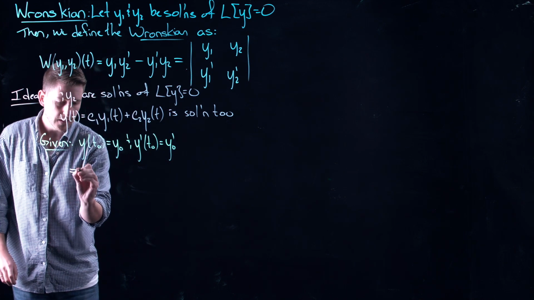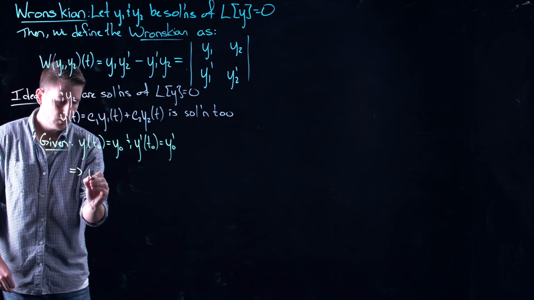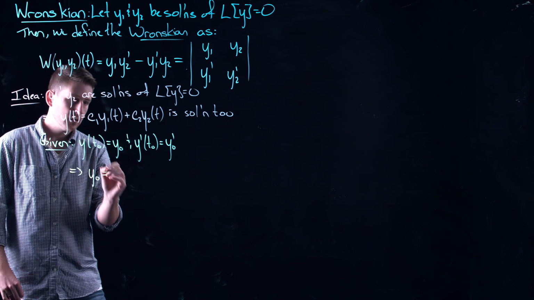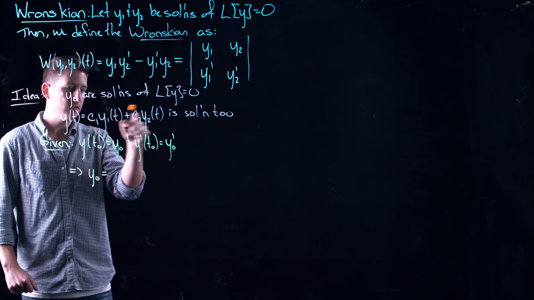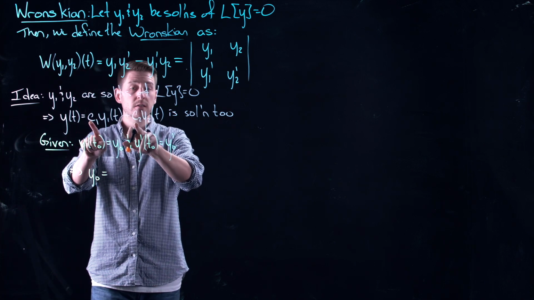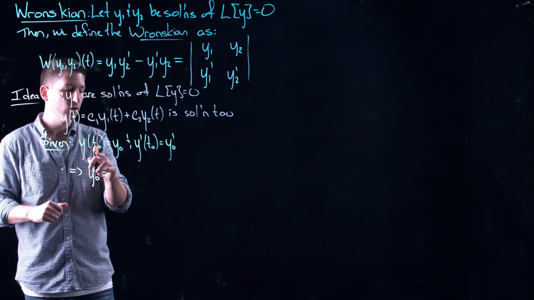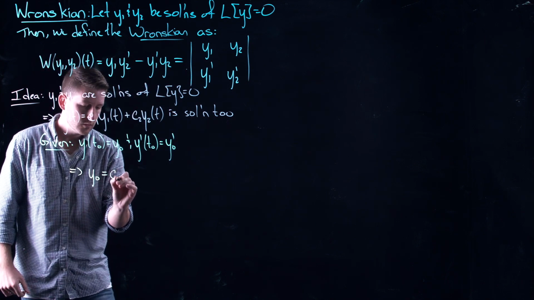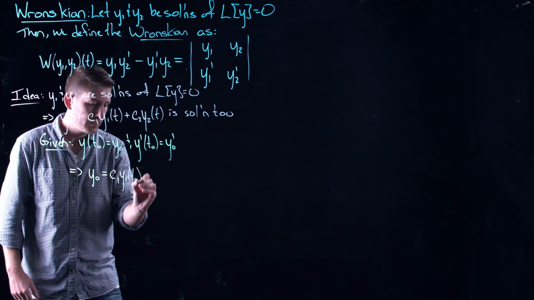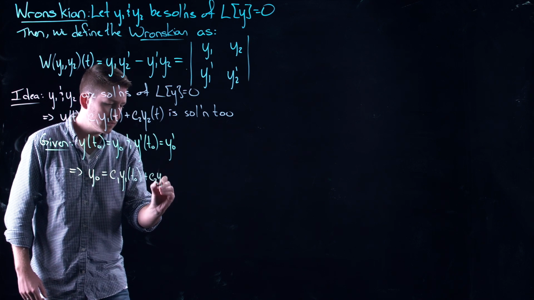Well, if I put these in, y at t0 gives me y0. And if I just put it into my big solution for any C1 and C2, remember that's the whole purpose of these C1 and C2s, to tweak them in order to fit initial conditions, I get C1 times y1 of t0 plus C2 times y2 of t0.